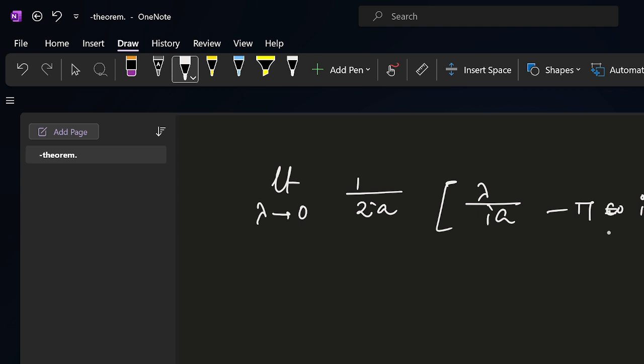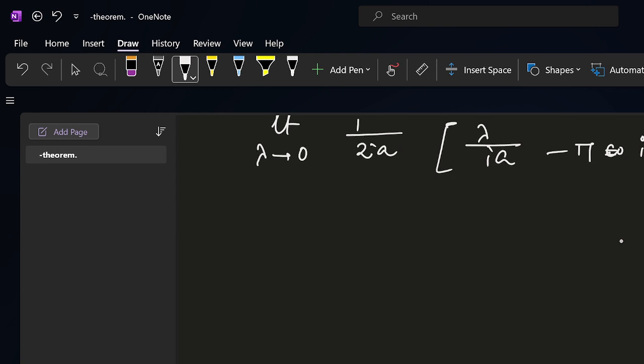Okay, so we are almost there. Now we just have to simplify it so that we can put the limit. The simplification can be done easily: you get this lambda by ia the same, and just this part you simplify.